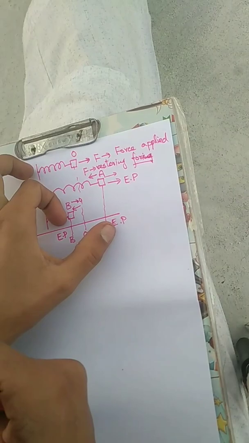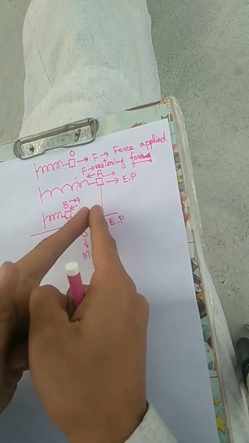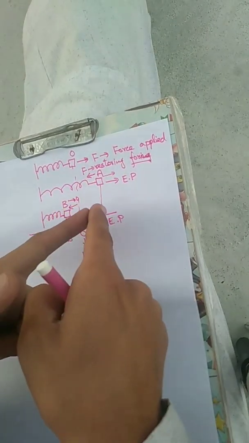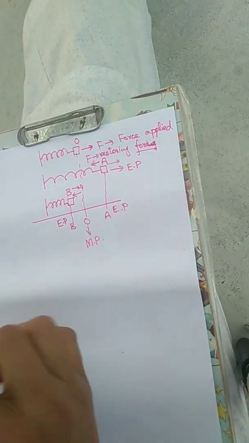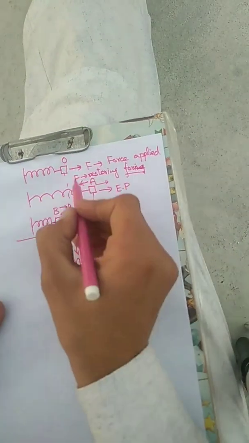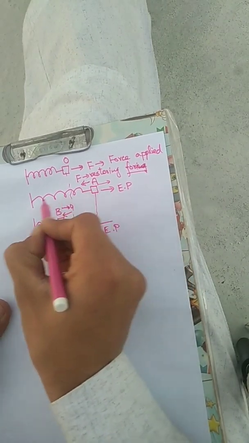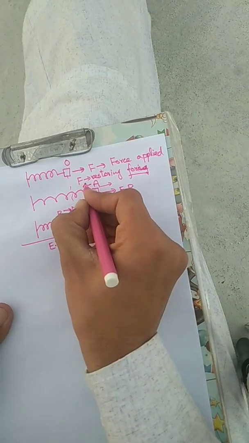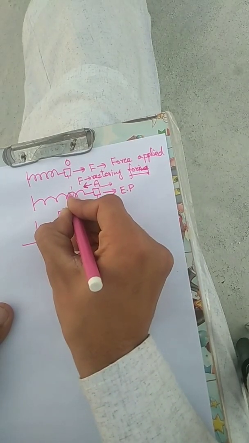So write these definitions in your book, that a force which is always directed towards the mean position is known as restoring force, or a force which acts in the direction opposite to that of applied force is known as restoring force. When we stretch this spring towards point A, then it starts oscillating between points A and B. The restoring force pulls the mass towards point O, then why does it not stop at point O?